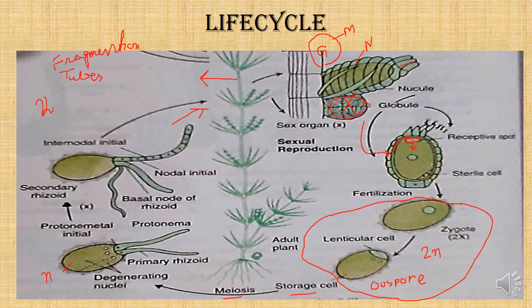And then you have this secondary protonema, that I am writing just as secondary P. So these are the three vegetative reproduction types.